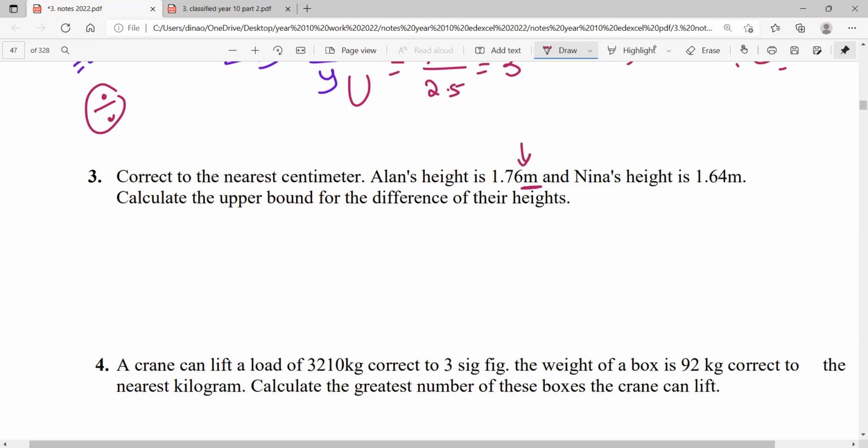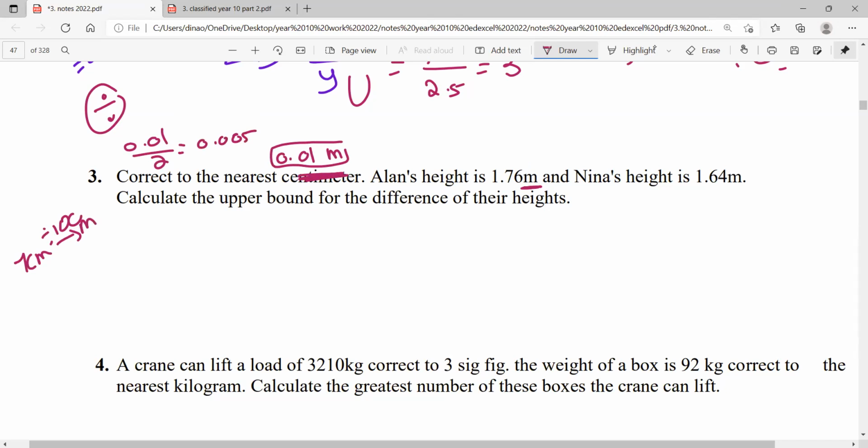To the nearest centimeter. Now, if you remember, if I want to change centimeters to meters, I divide by 100. So 1 centimeter divided by 100 is 0.01 meters. Of course, as we said, the value given after the word nearest is always divided by 2, which is 0.005. And I'm going to do it immediately.